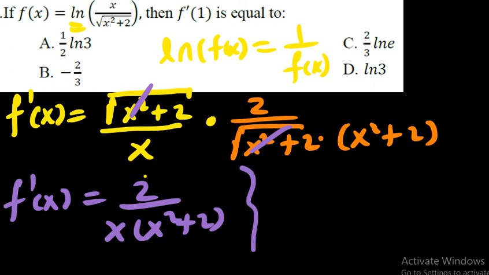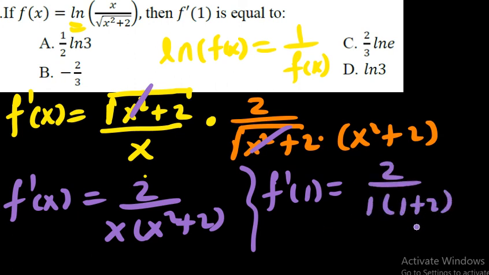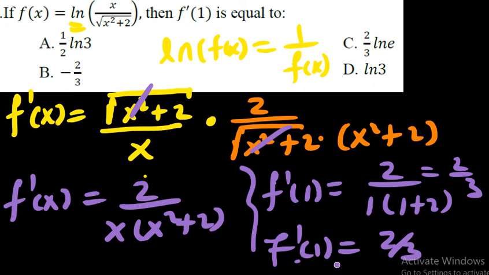Therefore let us insert now. F derivative at 1 means I'm going to insert 1. 2 over 1 times 1 plus 2, which is 2 over 3. F derivative at 1 is equal to 2 over 3.